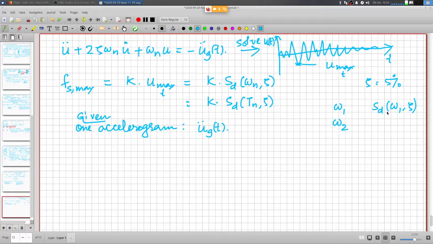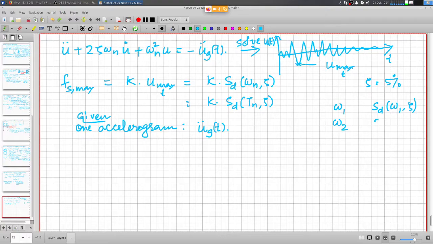After this exercise, you go back to this differential equation and change the value of omega n. So let's say this is omega n squared, sorry. Omega n now changes to omega 2. Again do the same exercise, compute the entire time history, solve this initial value problem for the entire duration of excitation, then extract the absolute maximum.